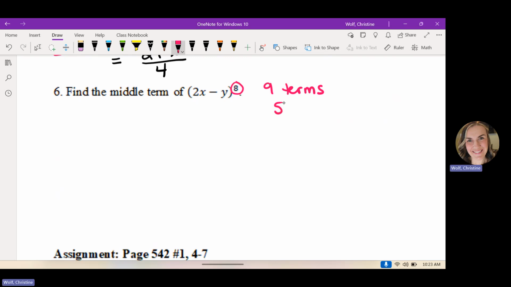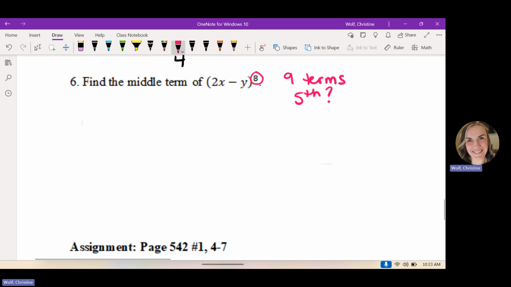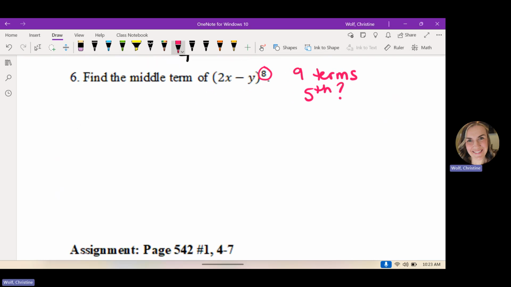The 5th term. So I'm actually looking for the 5th term. Okay, let's label what I know. N is still 8. K is 1 less than the term I'm looking for, so 4. My A is the 2x, and my B, negative y. I won't make that mistake again.